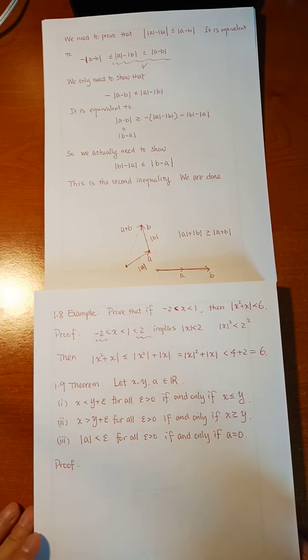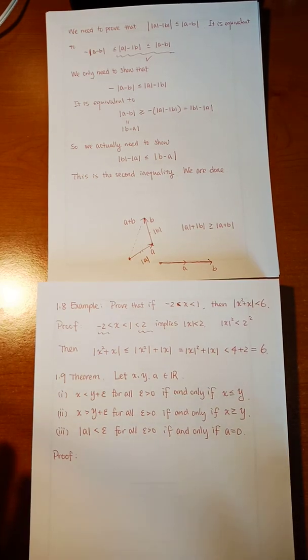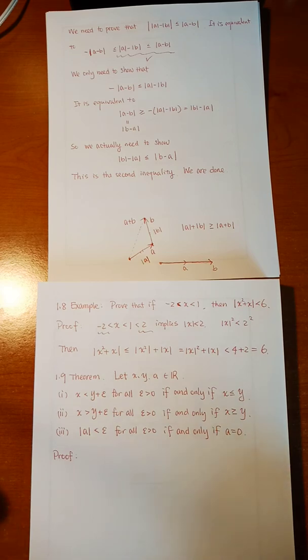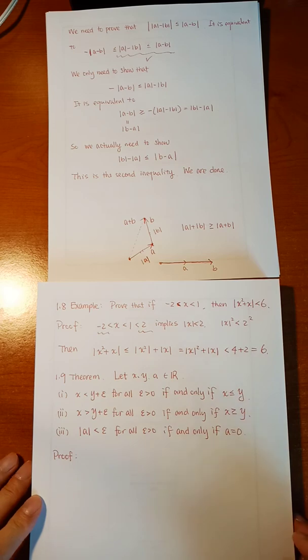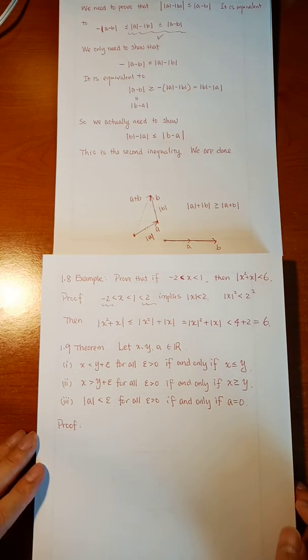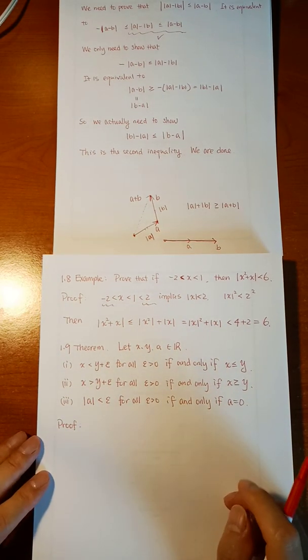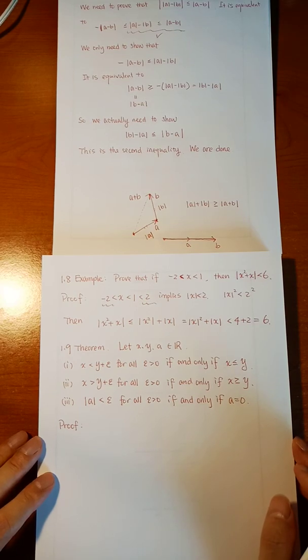So you see here, after 2 lectures up to this moment, the analysis involves a lot of proofs. The calculus involves a lot of computations. So you learn how to compute, you learn the reason behind the computation in the analysis.